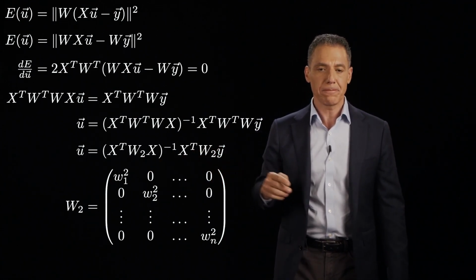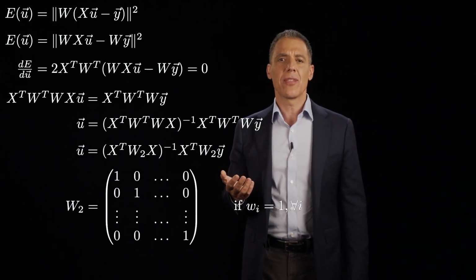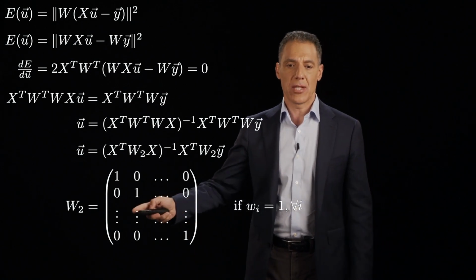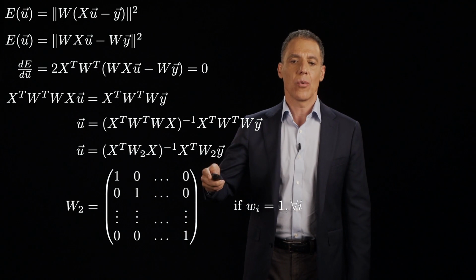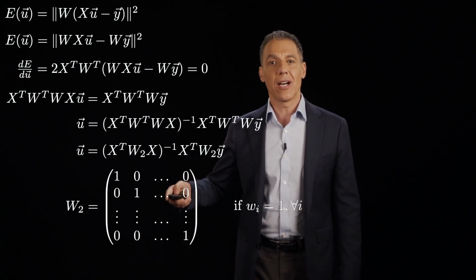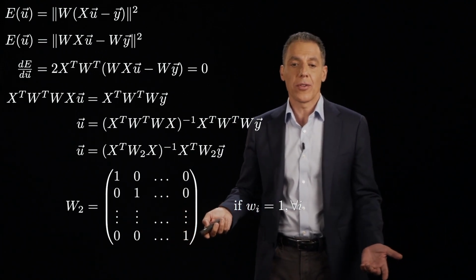Now, here's a question we might want to ask ourselves. What happens if the weighting matrix is the identity matrix? Well, first of all, what does it mean to be the identity matrix? It means the weight associated with every point in the data is exactly equal. We're not favoring one or the other.